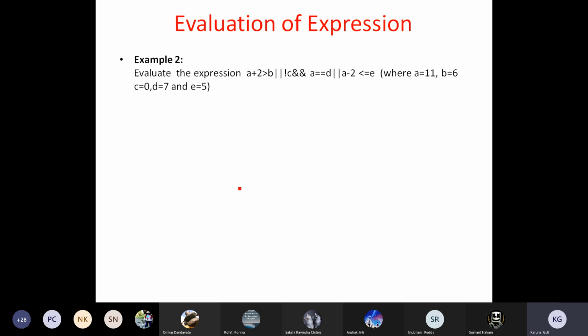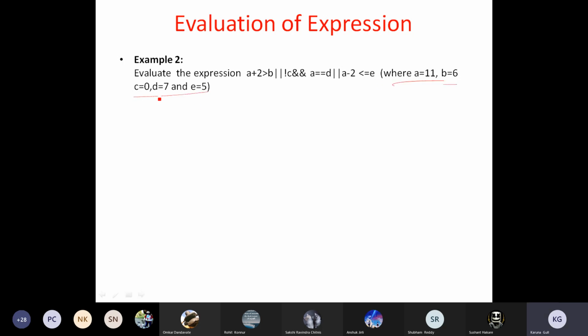Okay, let's go ahead with one more example. Now try solving this. Make it fast. A plus 2 greater than B, not equal to C, not C, ampersand A equal to D, or A minus 2 less than or equal to E, where values for these are given.